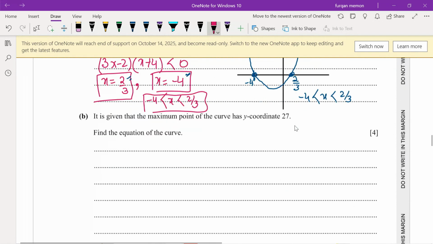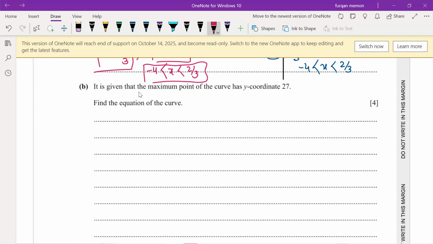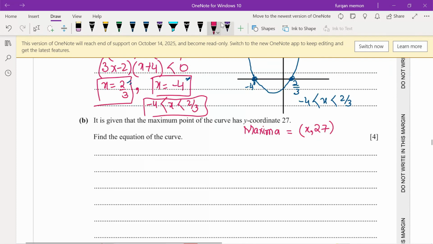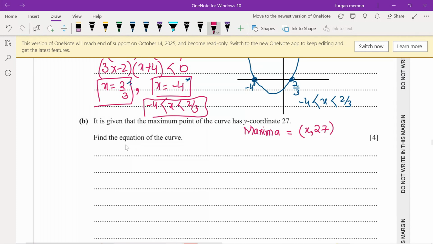Let's move to part B. It is given that the maximum point of the curve has y coordinate 27. Find the equation of the curve. So we have a maximum point at (x, 27), and we know that a stationary point can be found using the equation dy over dx equal to 0.